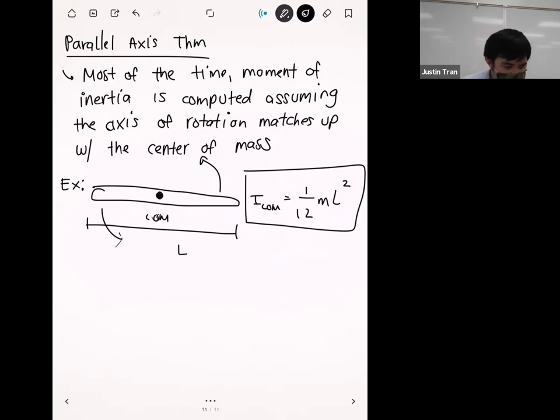And so depending on the different shapes, whether you have a square or a circle, the formula for your moment of inertia is going to change based on those shapes. And remember, the reason we have different formulas for moment of inertia based on shapes is that different shapes distribute their mass differently.